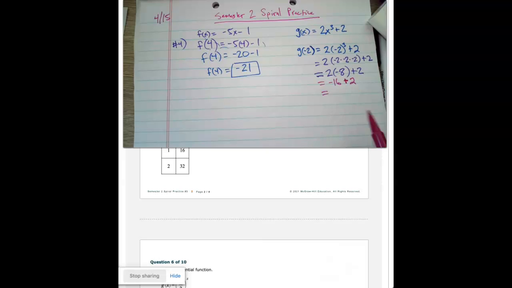When you combine those like terms, you technically subtract, 16 minus 2 is 14, but it stays negative because negative 16 is larger. Hopefully that refreshes your memory on how to use these skills.